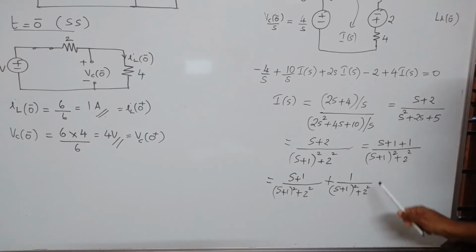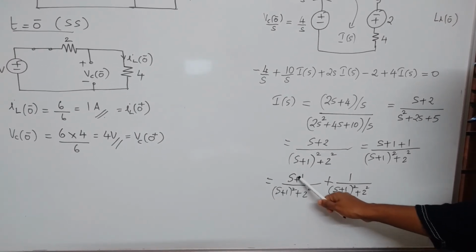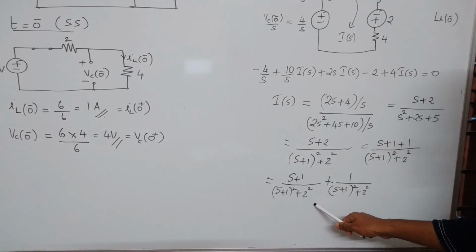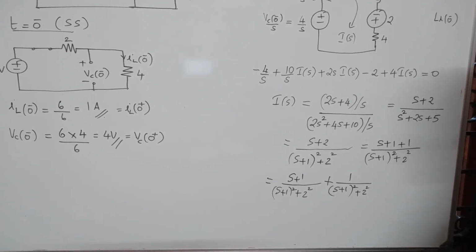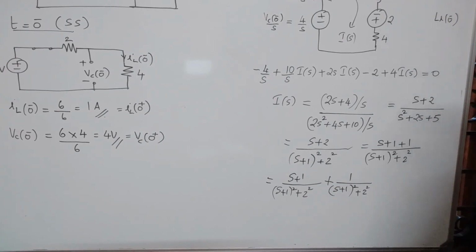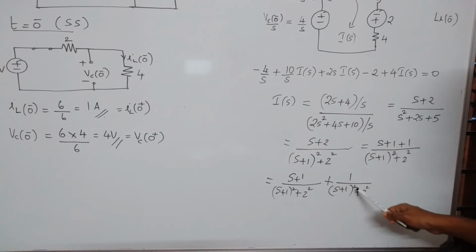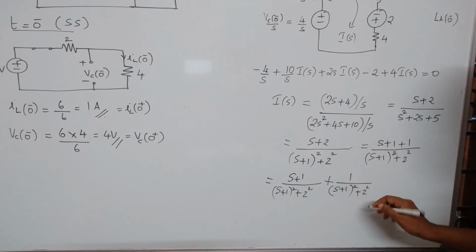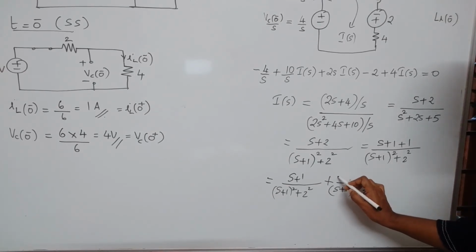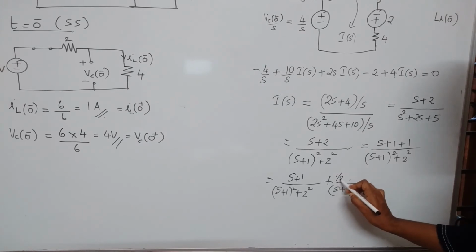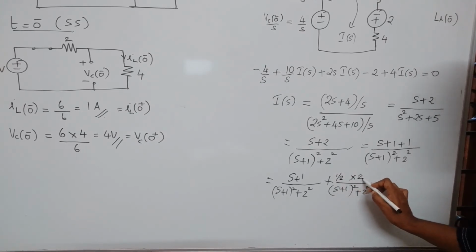Now to convert this, what is this? S by S square plus 2 square is cos. When it is S plus 1, it will be e raised to minus t cos 2t. Now to convert the other term to standard form, the numerator should be 2. Only then it will be omega naught by that form. So for that, let me divide and multiply the numerator by 2. So it will be 1 by 2 into 2.